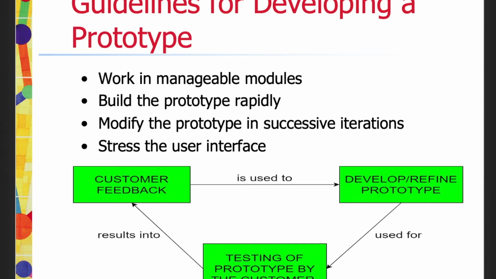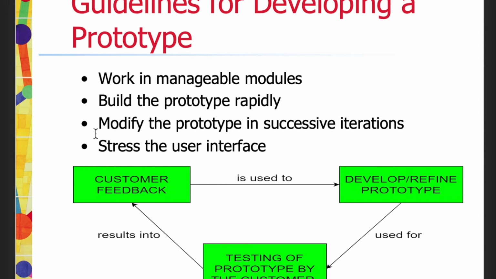Next, there are some guidelines to develop a prototype that we need to follow. The first one, work in manageable modules. So we choose the modules that we are able to manage to develop a prototype. Build the prototype rapidly. So the prototype should be built in a fast way.